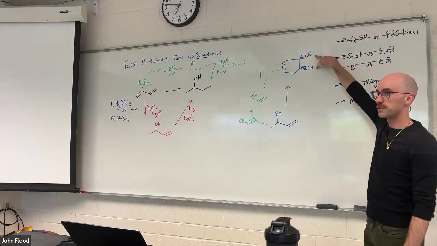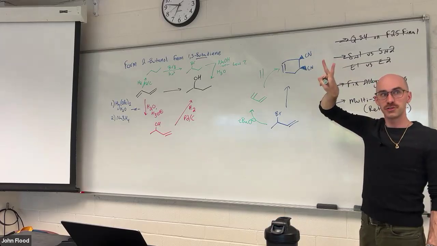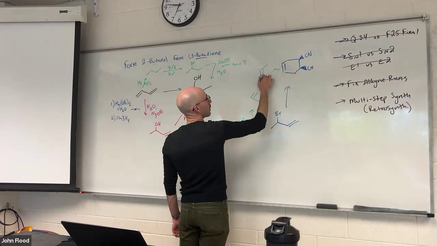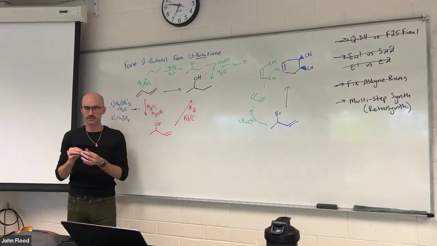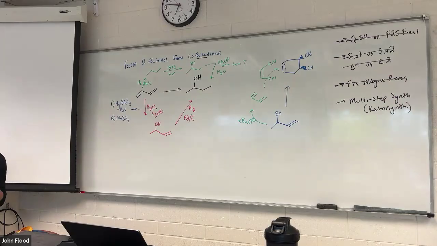And the 2 groups that they have in the final product are cis to each other, so in the reagent, they're also cis to each other. The stereochemistry of the Diels-Alder product tells you the stereochemistry of the Diels-Alder reagent.